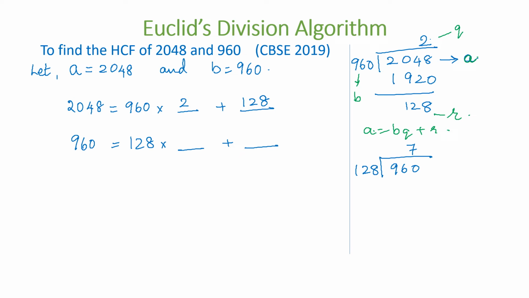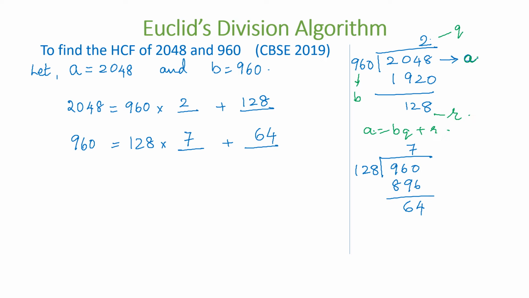So I get over here 896, and my remainder comes out to 64. So this is 960 is equal to 128 into 7 plus 64.